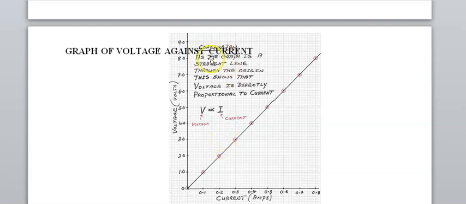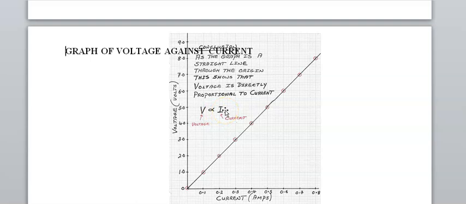Because the conclusion here is, as the graph is a straight line through the origin, being the point where the axes meet, this shows that voltage is directly proportional to current. That is the mathematical relationship: if you double one, you double the other. If you triple the voltage, you triple the current. That is known as a directly proportional relationship. In mathematical symbols, we write it like this: V for voltage, I for current, voltage directly proportional to current.